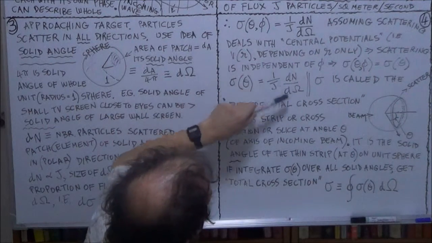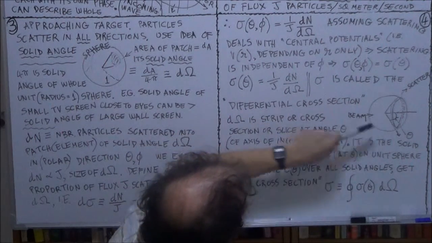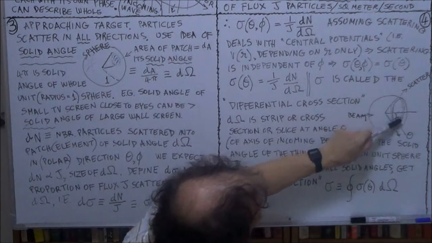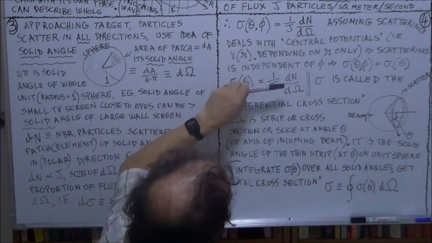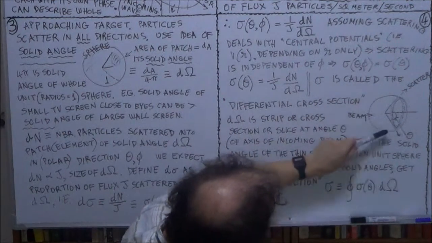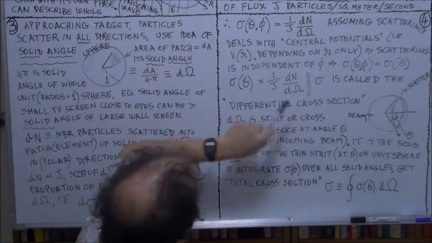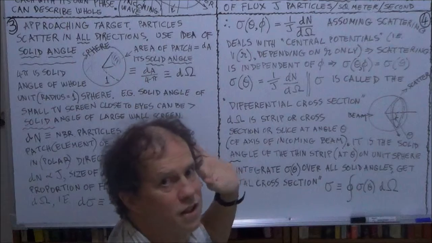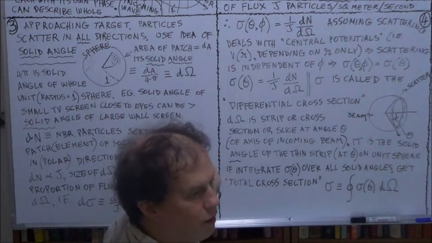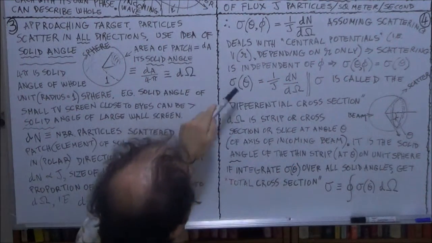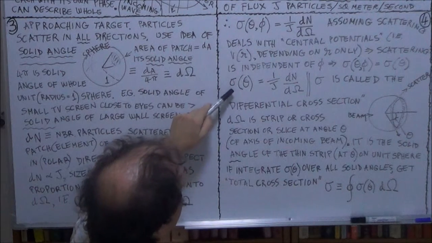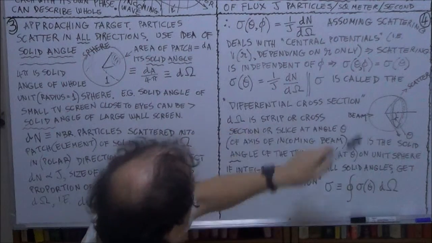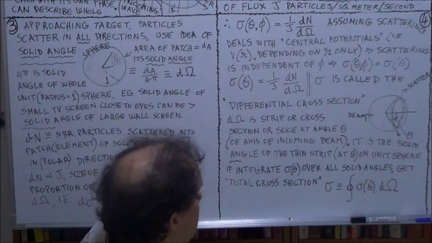For that d omega, this slice effectively becomes infinitely thin, and dn is the proportion of your j that goes through it. But we're dividing by j, so we're just talking about density, for a unit flux effectively, and that's how this is defined. And that little sigma is the differential cross section.